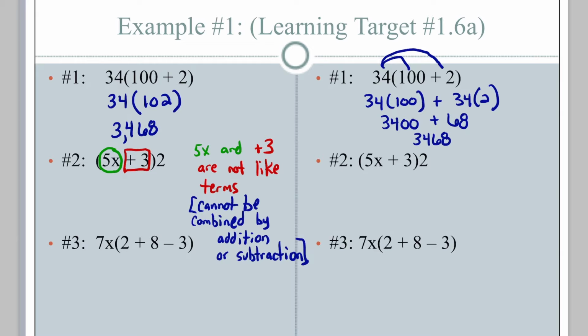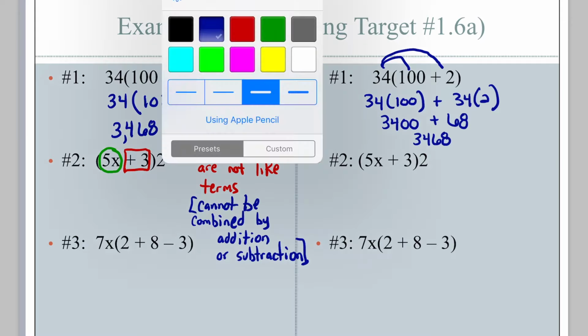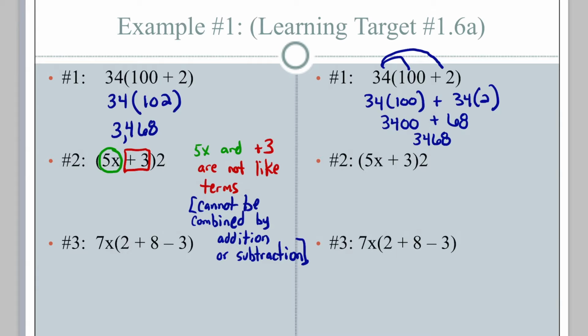So this is where the power of the distributive property comes into play, because while we cannot combine these as like terms under addition or subtraction, we can distribute the 2 and simplify this expression further. And when we distribute the 2, what we are going to do, again, is multiply.